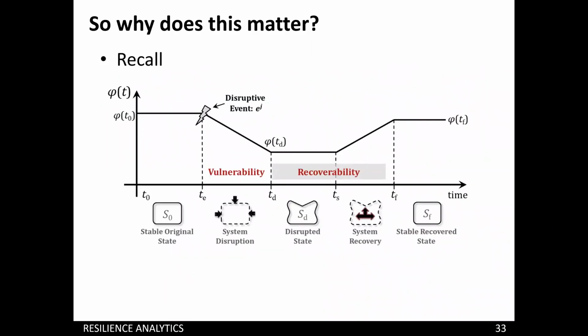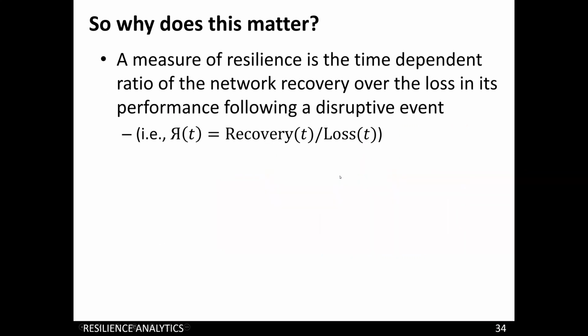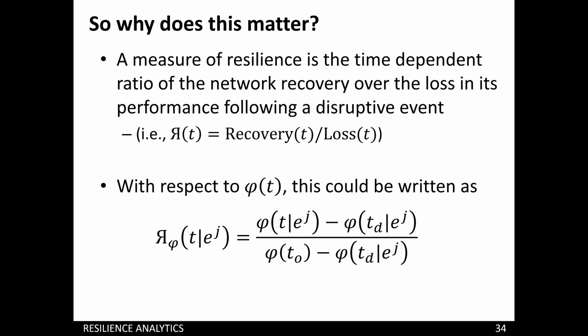And so recall this figure that we just talked about earlier. We're interested here particularly in recoverability, right? So how could we optimally restore after a disruptive event? And so there was a particular measure that I worked on with some other folks where we measured resilience as a function of recovery over loss. There's some amount of loss at time t, calculated here as the drop in performance, so that's vulnerability.